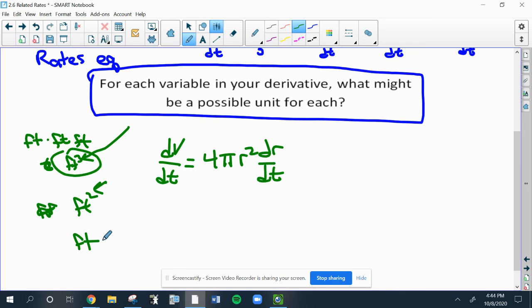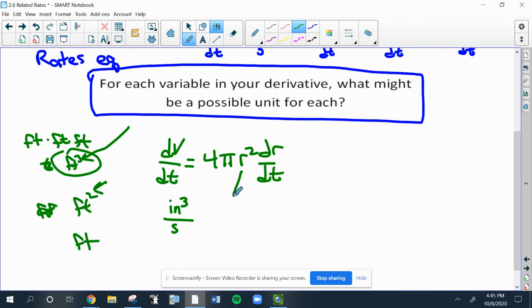So dV is the rate at which volume is changing. Volume would be, and I won't use feet here, let's just pick another unit, inches cubed, because it's a volume, over dt. That's a time, let's say seconds. So that dV dt would have a unit of a length cubed over time.